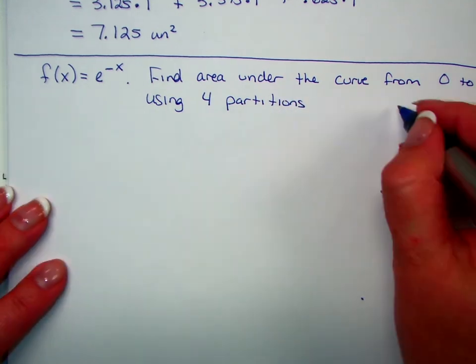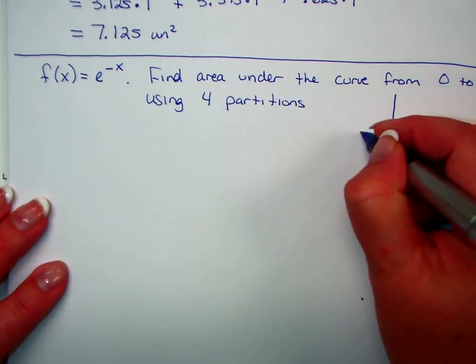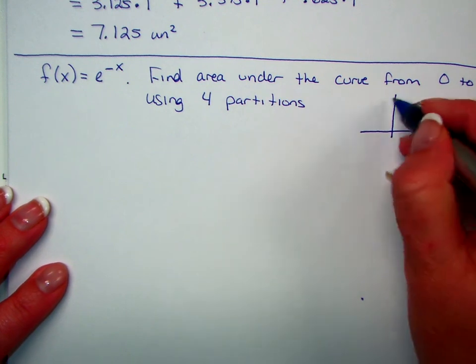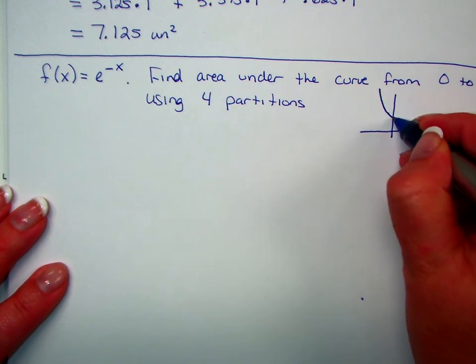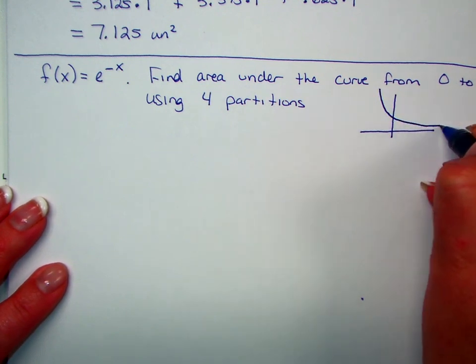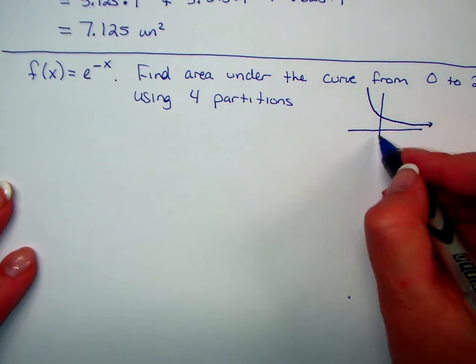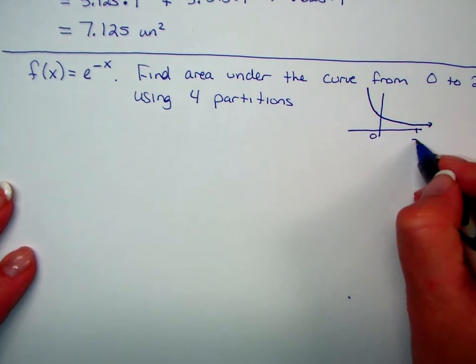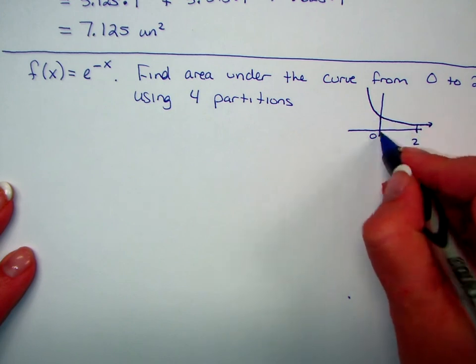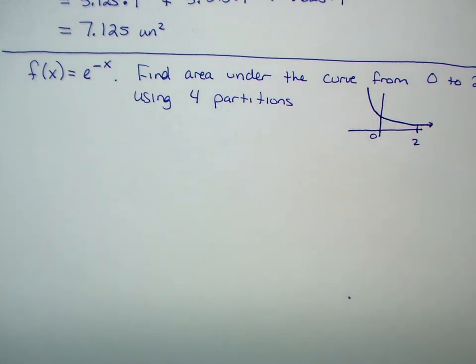All right, so everybody knows what e to the negative x looks like. Yes? It's a negative exponential function like so. So we're going from 0 to 2, and we're going to split 0 to 2 into 4 partitions.